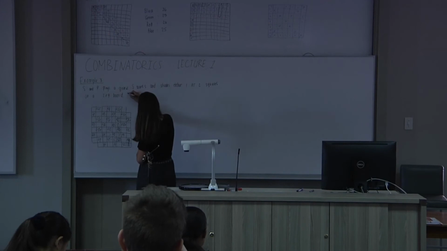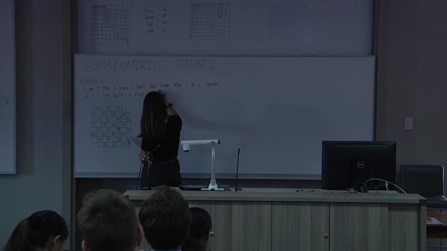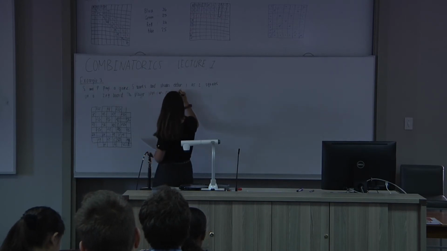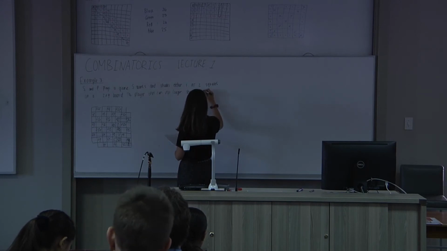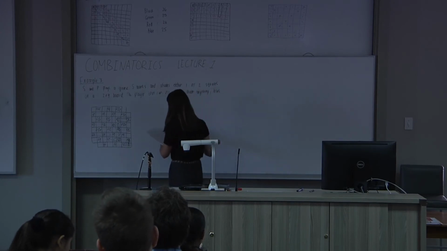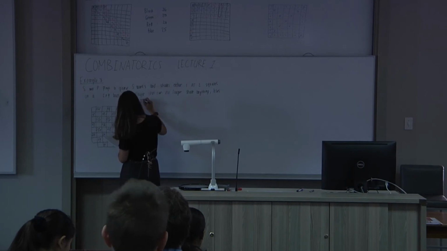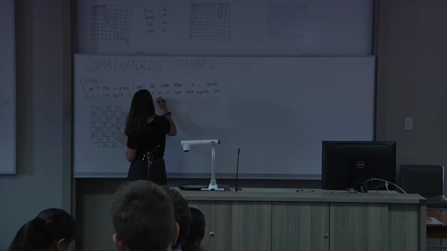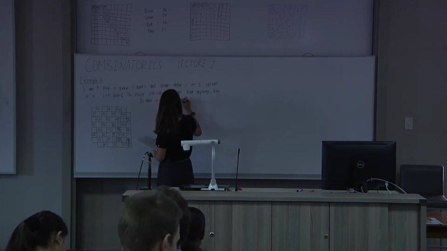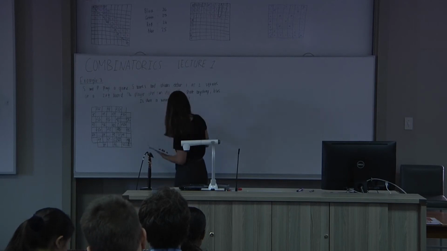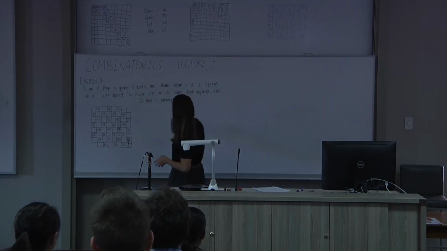And the player that can no longer shade any square loses. And we want to know whether there is a possible winning strategy.